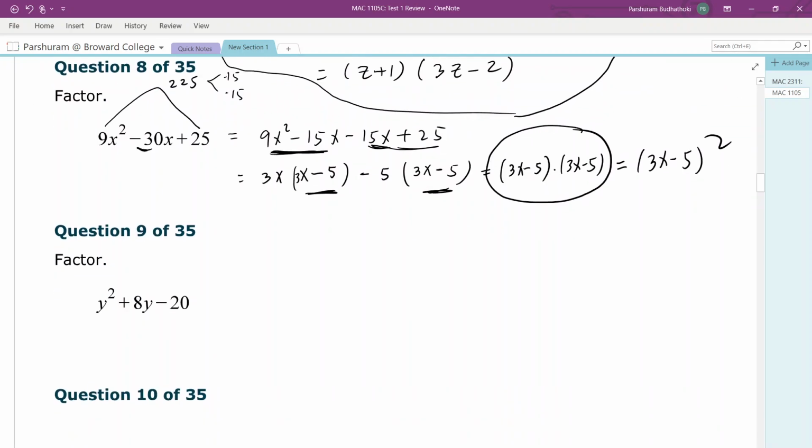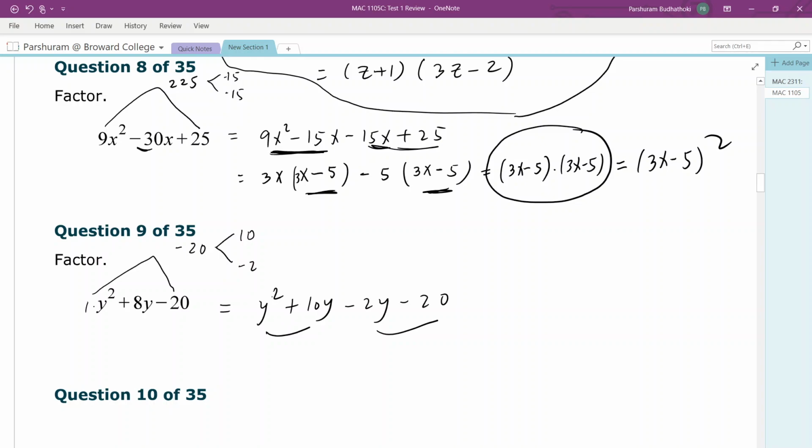Now let's do problem 9. As you can see, I'm using the AC method again and again. There is a 1 coefficient in front of y squared, and there is a negative 20. So if I multiply negative 20 and 1, it gives me negative 20. Now I need to find the factors of negative 20 such that the sum of those factors would be positive 8, and I can use 10 times negative 2. 10 plus negative 2 is positive 8, so I can write y squared plus 10y minus 2y minus 20, and I can use the grouping method.